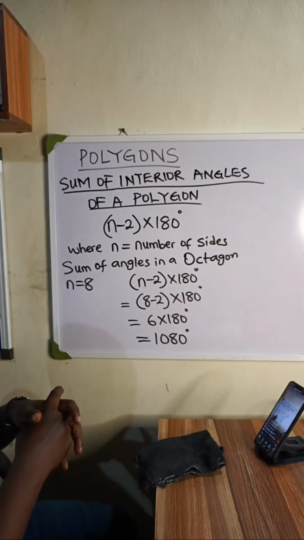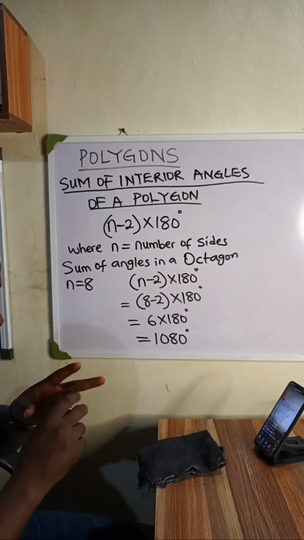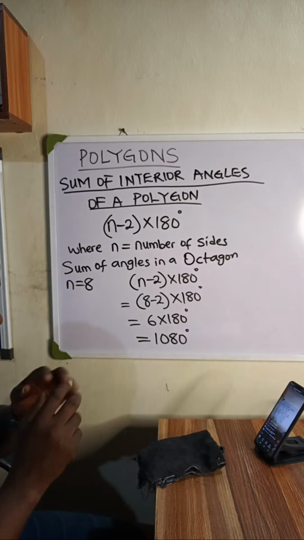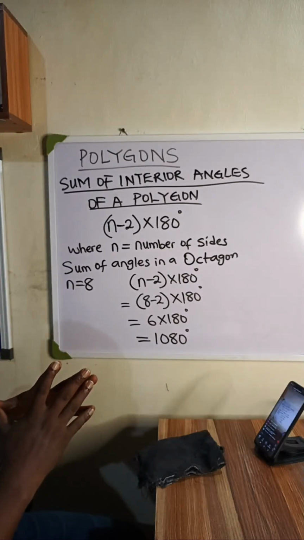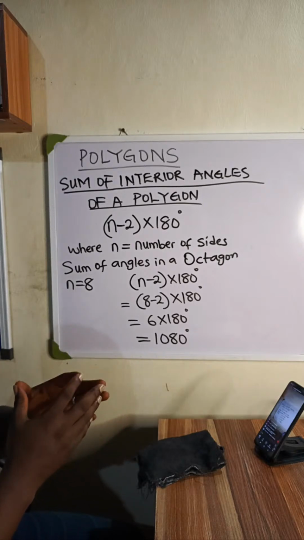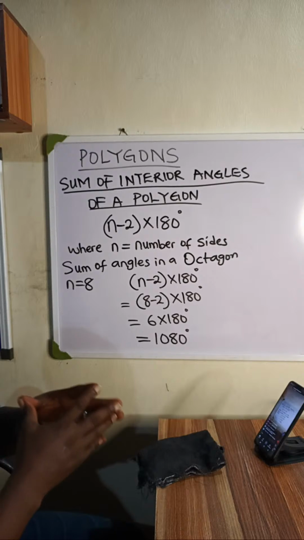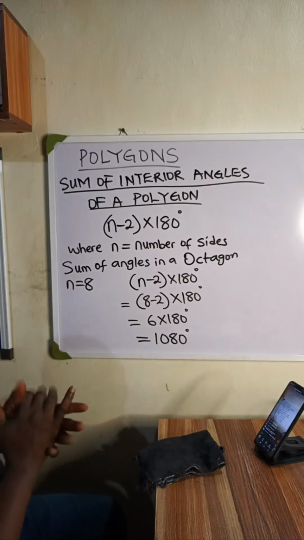Let's use this knowledge to solve missing angles in a polygon. But before we do that, we can use this knowledge to find the size of each angle of a regular polygon. Okay, so let's do that.